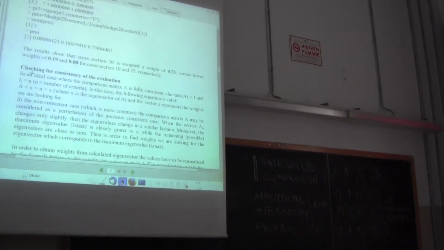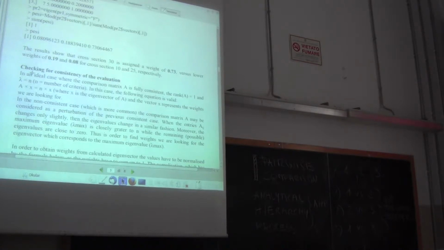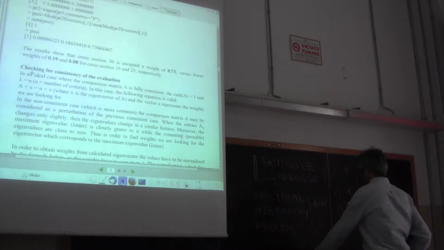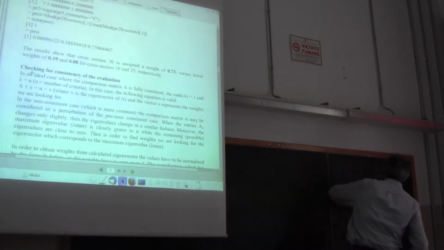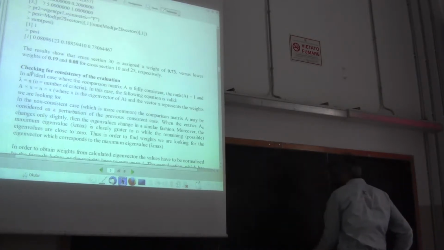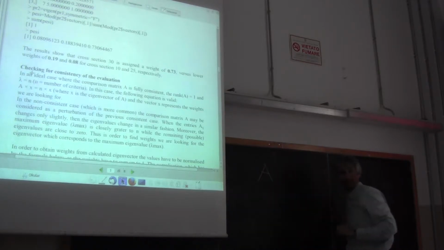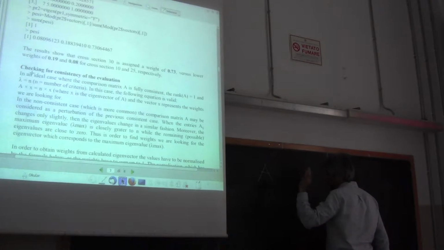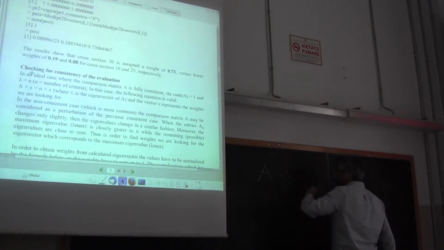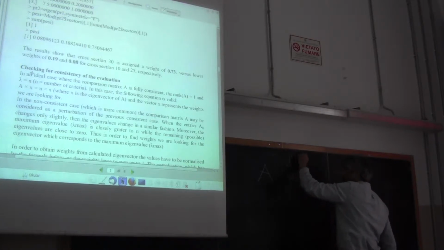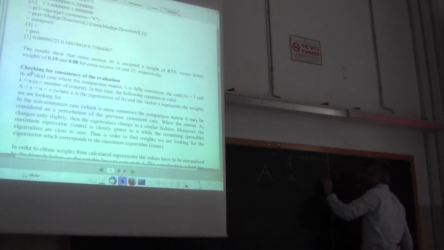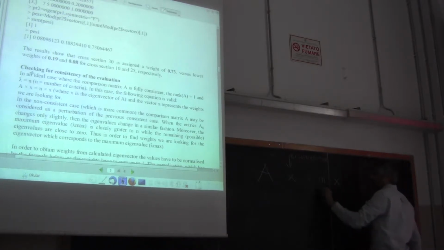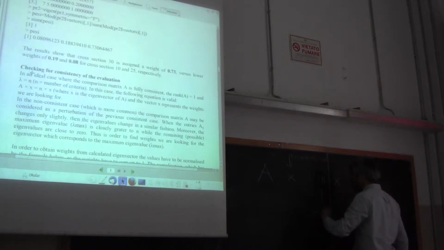If you indicate with n the number of alternatives, so in this case n is equal to 3, and if you indicate this matrix with the symbol A, the right eigenvector, sorry, is such that if you multiply this matrix A times the eigenvector x, you get as a result n multiplied by x, where n is the dimension of the matrix, or number of alternatives.